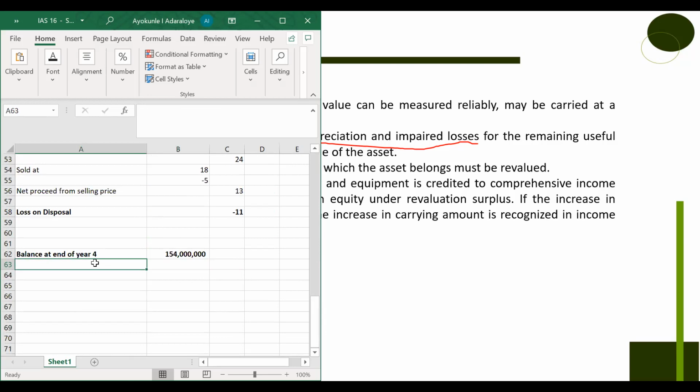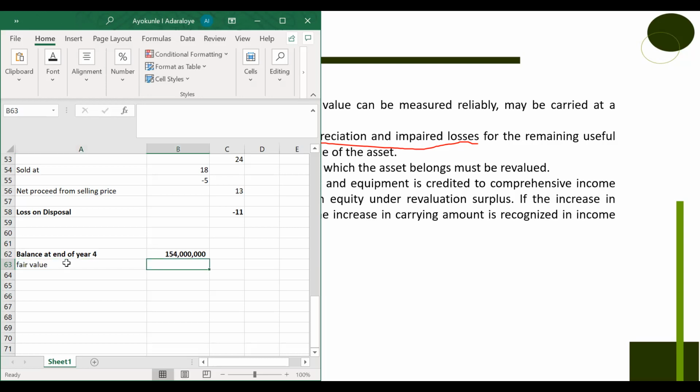We now, at the beginning of the 5th year, we now looked at it. How much is this our asset in the market, right? How long can we still use this asset for? After looking at everything, we now said, this our asset is valued at its fair value. Fair value in the market is what?